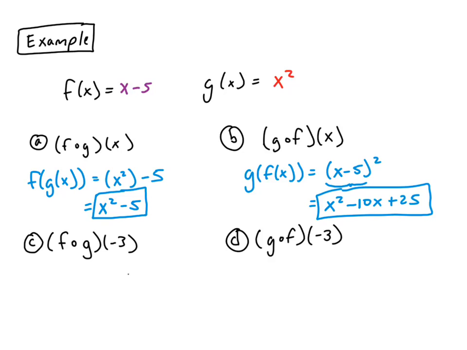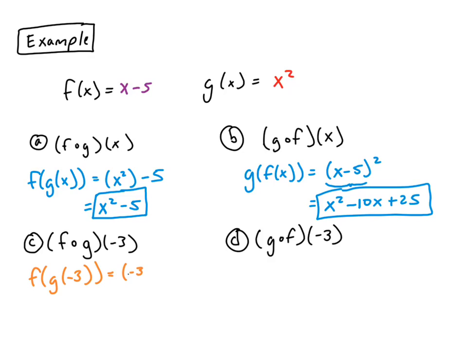So now let's look at an example that involves actual numbers, or actual evaluation. We've kind of looked at this in the notes with the inverse pieces, but now we're going to talk about it with just standard values. So here we've got f of g of negative 3, meaning we're going to plug negative 3 into g of x first.